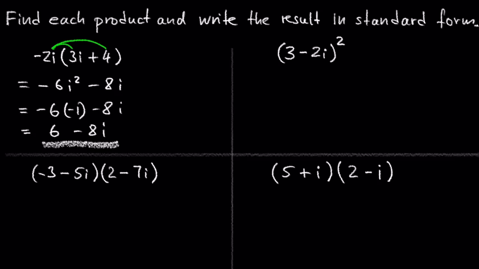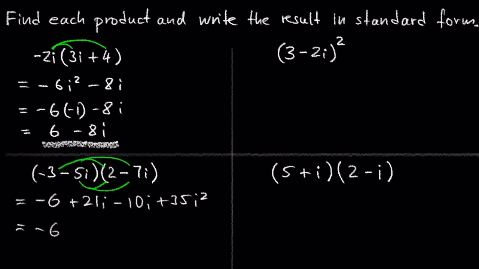What about negative 3 minus 5i times 2 minus 7i? Negative 3 times 2 is negative 6. Negative 3 times negative 7i is 21i. Negative 5i times 2 is negative 10i. And negative 5i times negative 7i is 35i squared. 21i minus 10i is 11i.